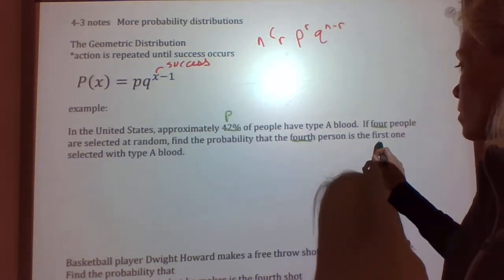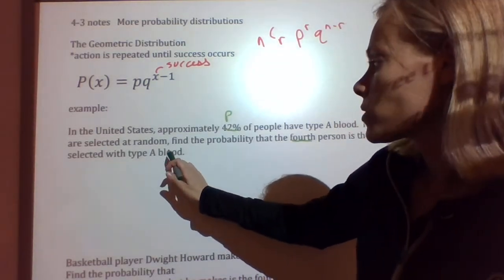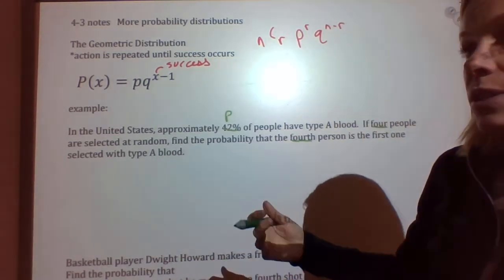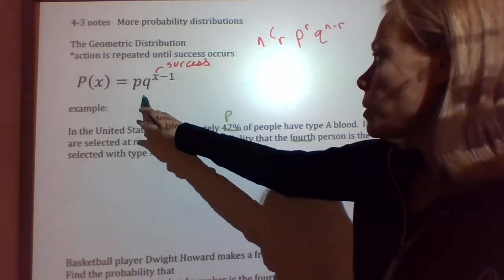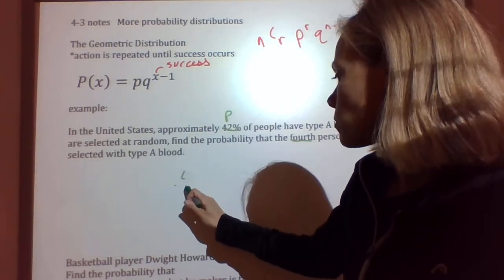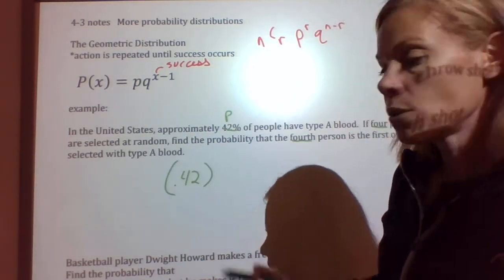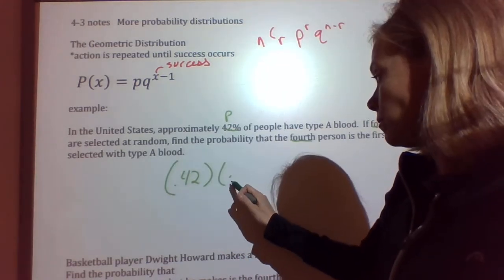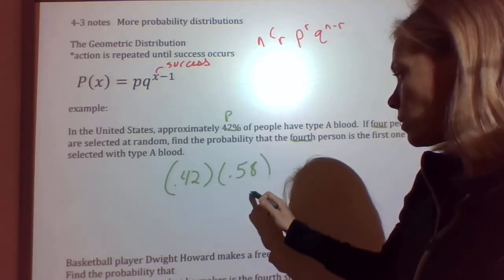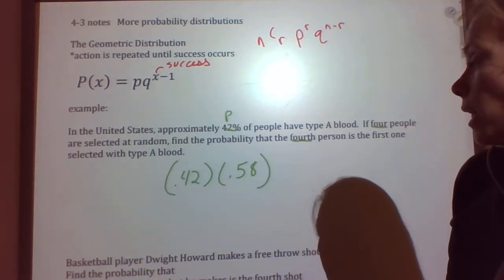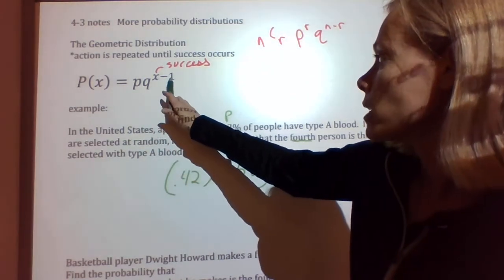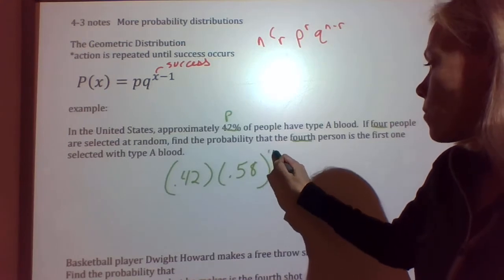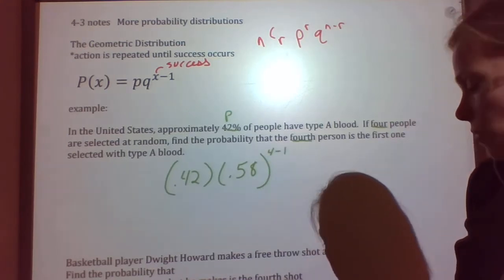The fourth person is the first one selected with type A blood. So P would be 0.42. Q then would be 0.58. And I want it to the X minus 1, so that would be 4 minus 1, which is 3.